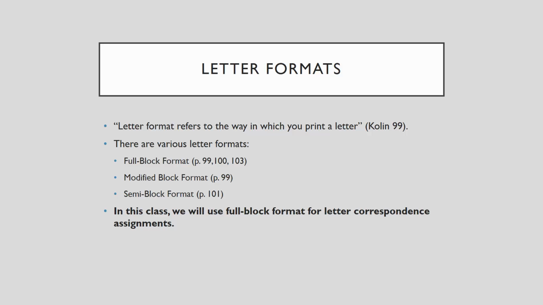The heading, the date line, the complimentary close, and then the typed name at the bottom, that signature at the bottom. That's modified block. With semi-block format, you still want to have most things aligned to the left margin, but you want to make sure that you are indenting your paragraphs. Okay, so it's just like modified block, but you're indenting the paragraphs.